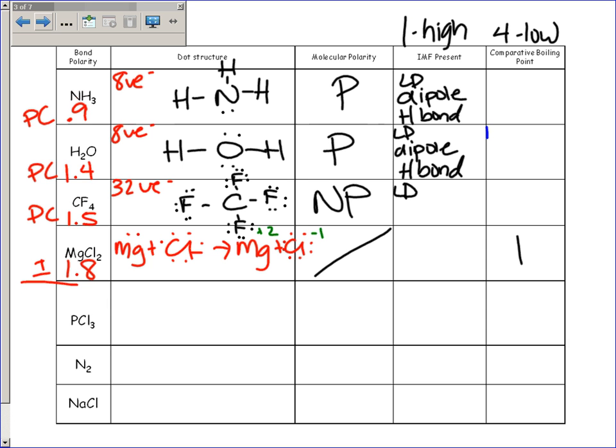Water has a molar mass of 18, NH3 has a molar mass of 17, meaning that number 2 would be water, number 3 would be NH3, number 4 is going to be my nonpolar compound. You have to be able to rank these based on their comparative boiling point, from highest to lowest or from lowest to highest. It's based on molecular polarity and molar masses.